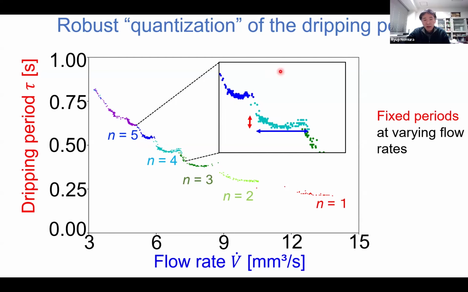And here is the zoom up around this region. So it has a stable period, even when the flow rate into the droplet is changing. This flat distribution means that it has a fixed dripping period, even when the flow rate into the droplet is changing. So we observe this kind of stable or fixed dripping period.